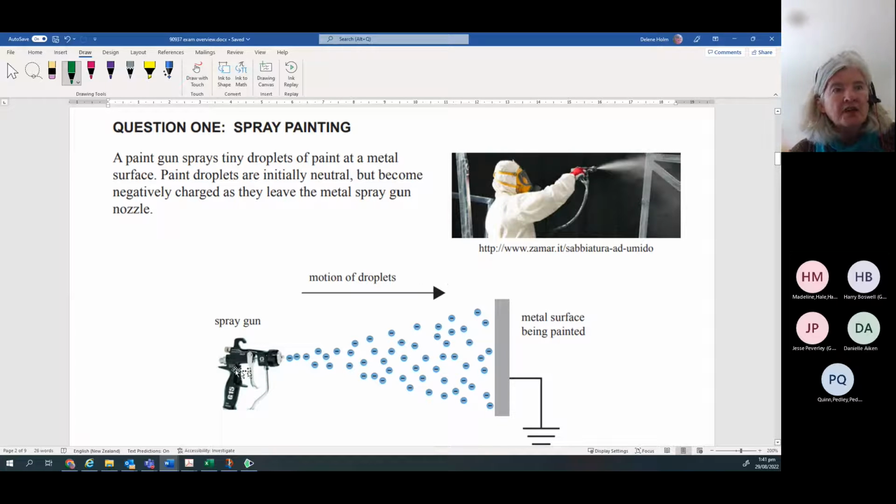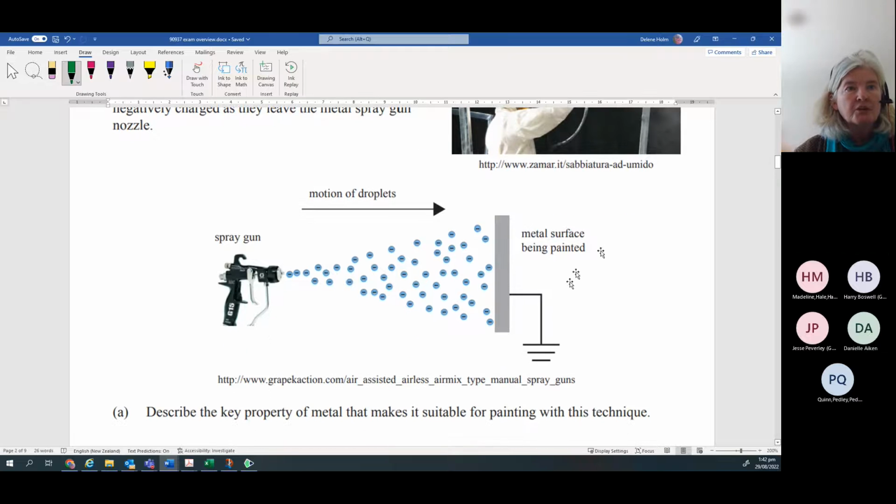Okay, so here we've now got a spray gun spraying paint, and so we know the paint droplets are going in this direction to the metal surface, and we know it's a metal surface, and we know that it's being charged in some way. There's obviously some sort of current connected here. Okay, so describe the key property of metals that make it suitable.